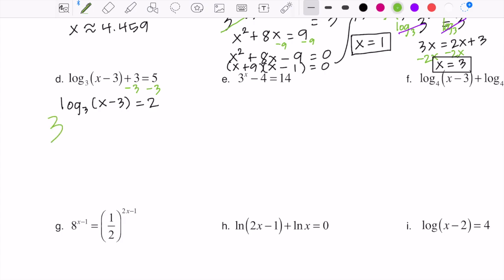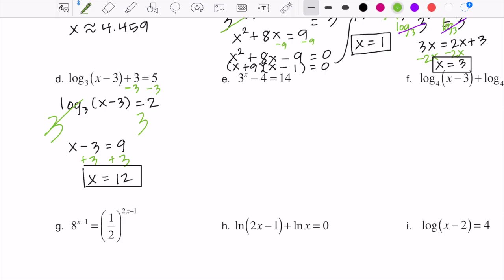I exponentiate, meaning I put the equation into the exponent. That means these are going to cancel, and I'm left with x minus 3 equals 9. So then I'm just going to add that 3 to the other side, and I get x equals 12. Again, only an exact solution.